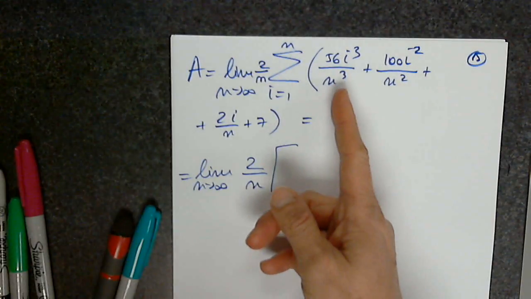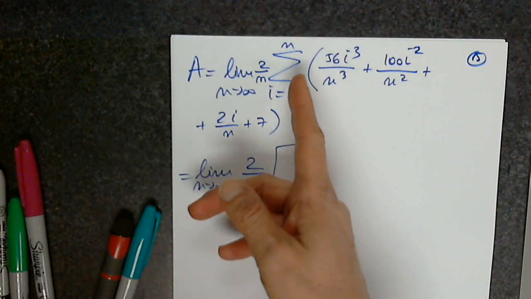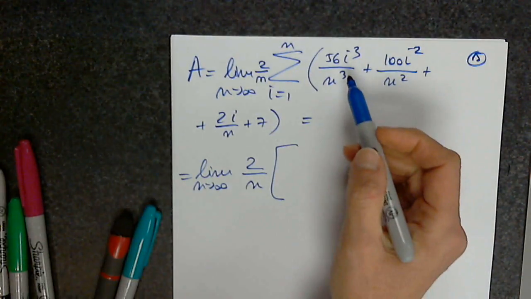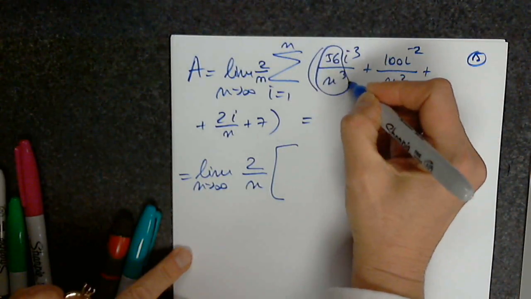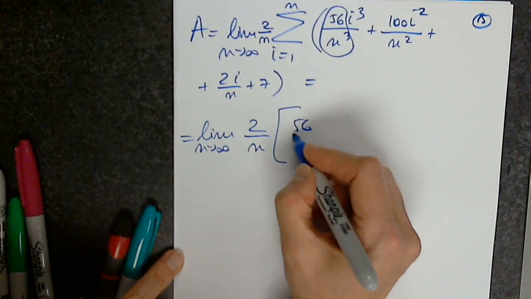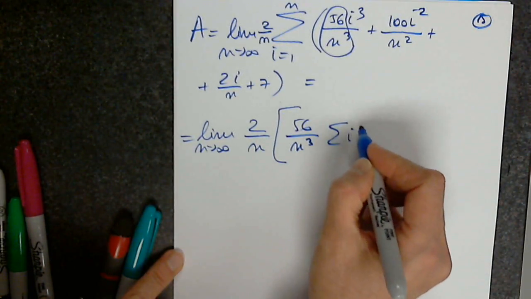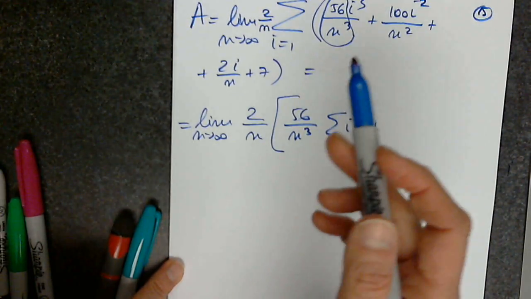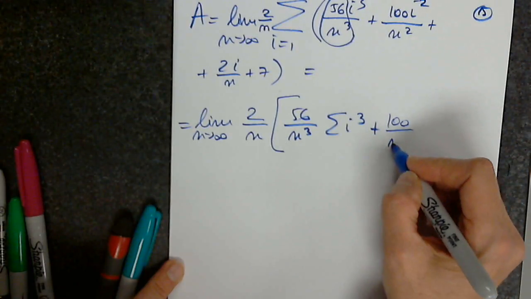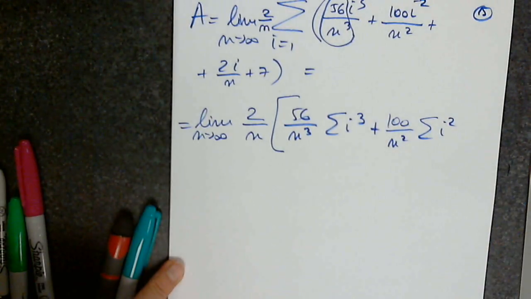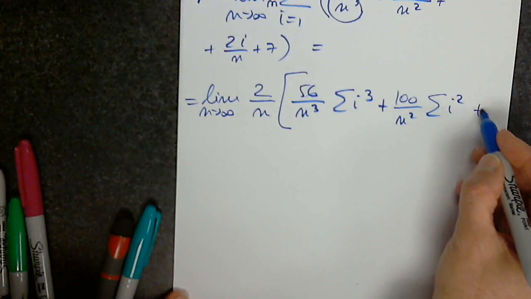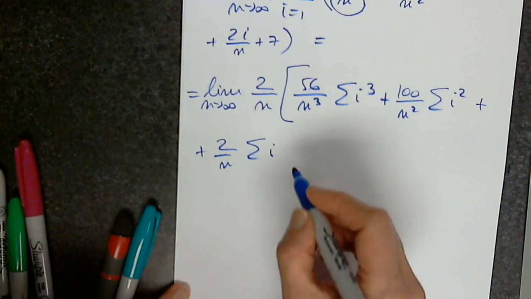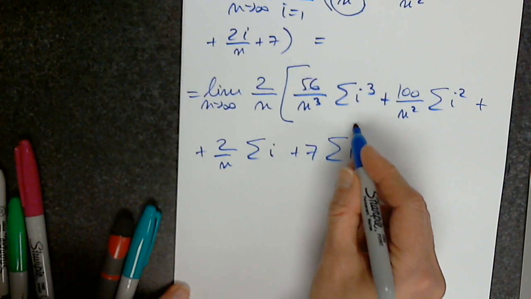I will apply the sum to the first term, the sum to the second term, the sum to the third, and the sum to the fourth, correct? When I apply the sum to the first, this piece goes in front as a factor: 56 over n cubed, the sum of i cubed, plus, when I apply the sum to the second term, 100 over n squared, the sum of i squared, plus 2 over n, the sum of i, and plus 7 times the sum of 1.